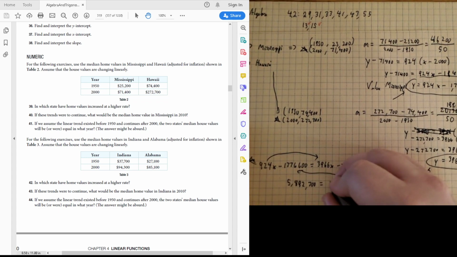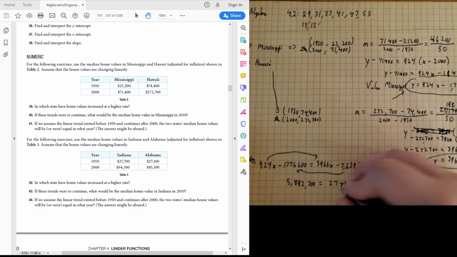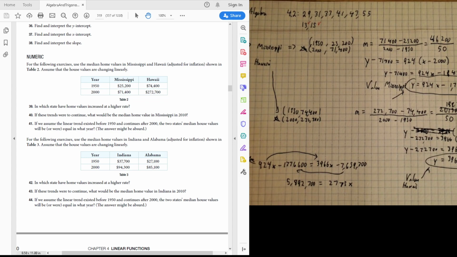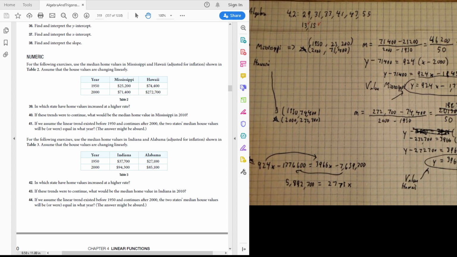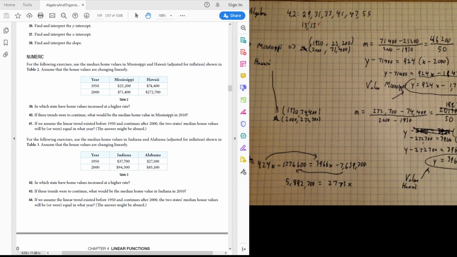I get 2,775x. And then I take my solution to the previous part and divide it by 2775.